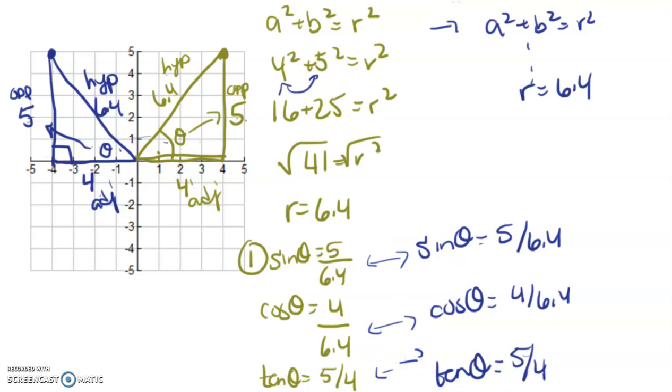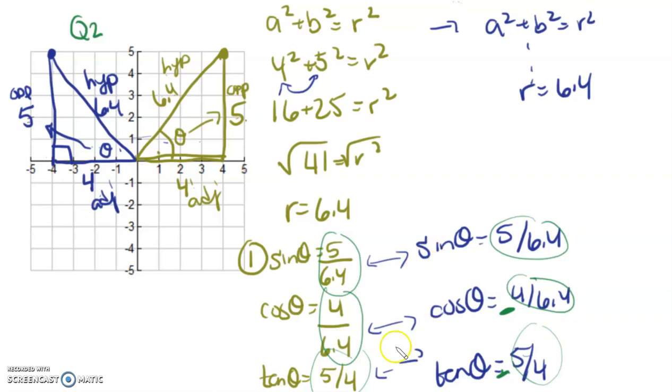Okay, until we take into account that this is in quadrant 2. So in quadrant 2, cos and tan are negative. So we have the same number for the ratio, 4 over 6.4, 5 over 4, right? But for quadrant 2, the cos and the tan are negative. That's the comparison.